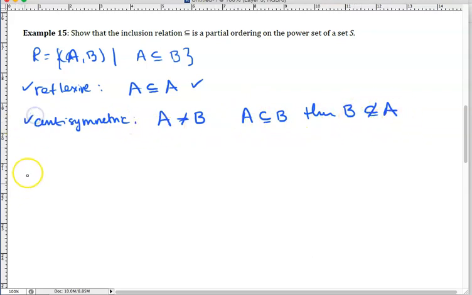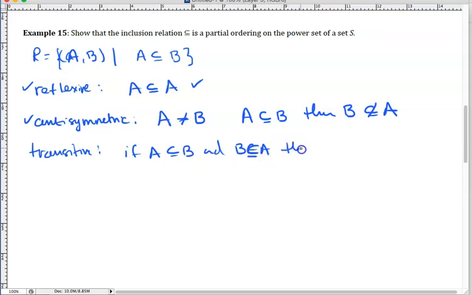So it's antisymmetric. And transitive: if a is a subset of b and b is a subset of c, then a has to be a subset of c. And this is also true.